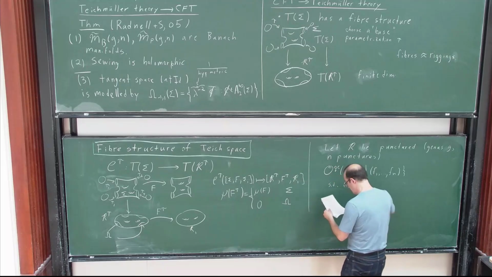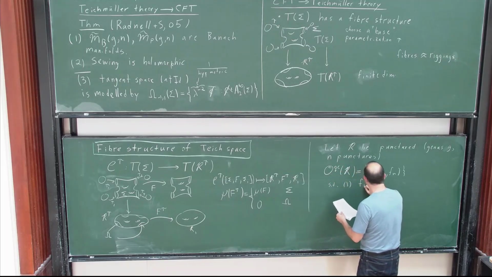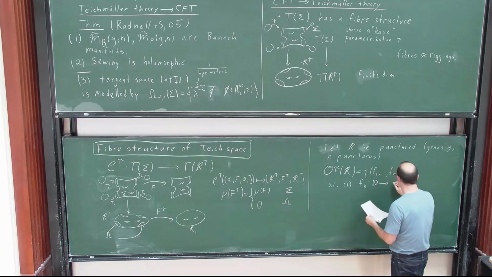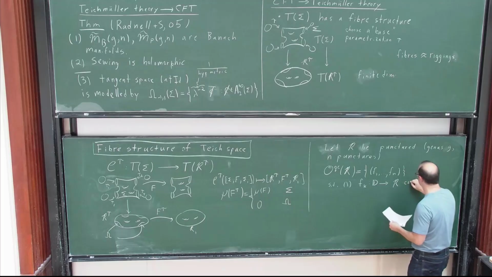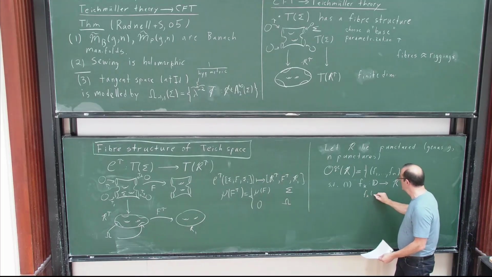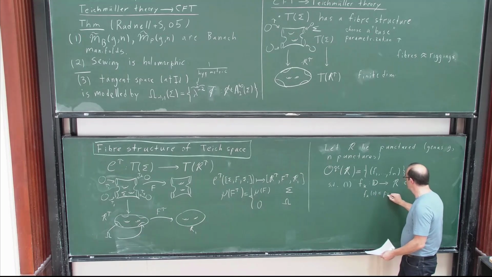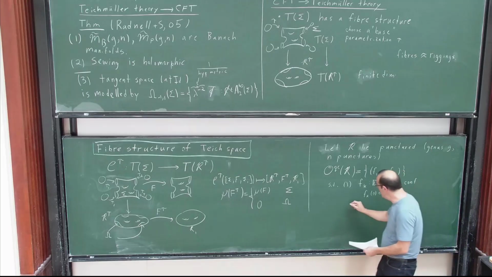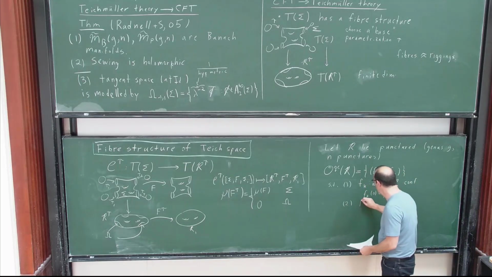So first, each f_k takes the disk conformally into the surface and also takes 0 to the kth puncture. And secondly, we want this to be quasi-conformally extendable.